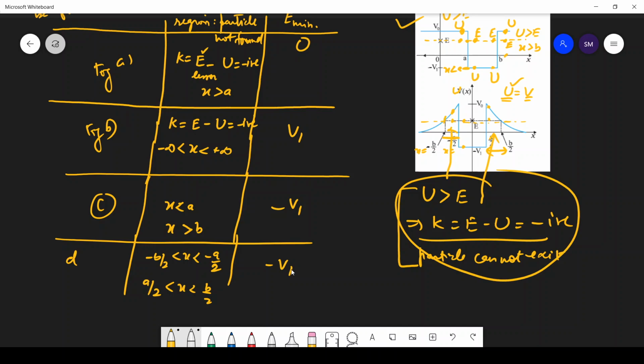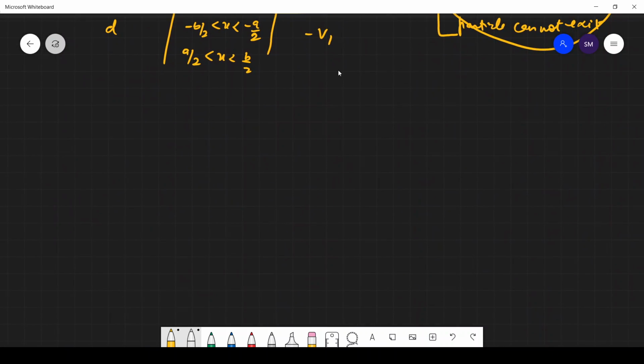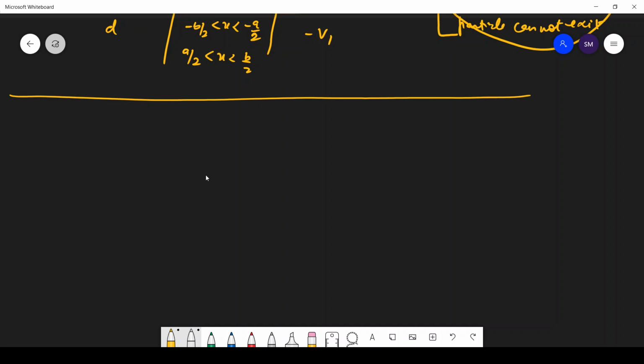Now students, let us proceed with something new today. We know that for the conservative force, E is equal to K plus V, and this is constant.